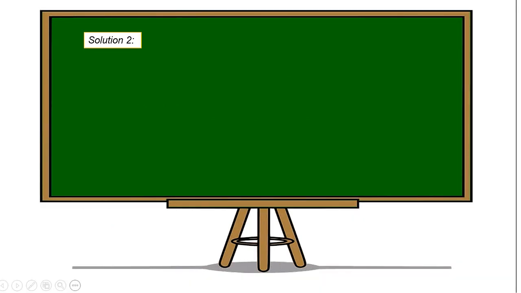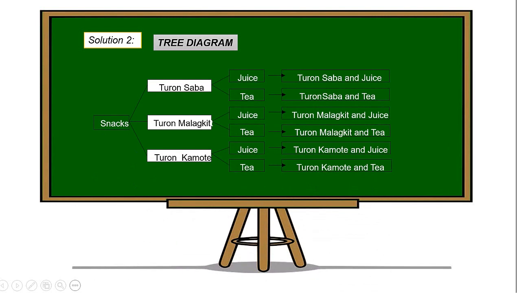Let us continue with solution number 2, which is the tree diagram. And under tree diagram, we have here the 3 flavors of turon and the 2 beverages. So in this diagram, we can see that there are 6 ways in having your snacks.